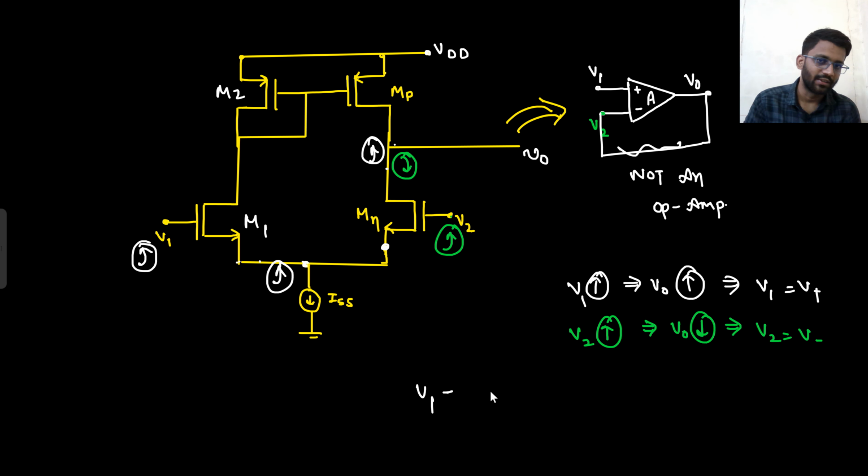So for getting low output impedance, what will you use? What do you think? We have studied different topologies. Let's check them one by one. Common source. Can we use a common source amplifier? What is the gain of a common source amplifier?